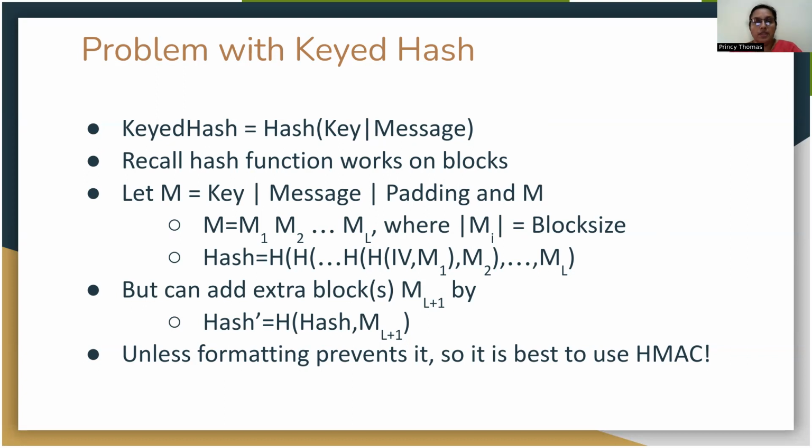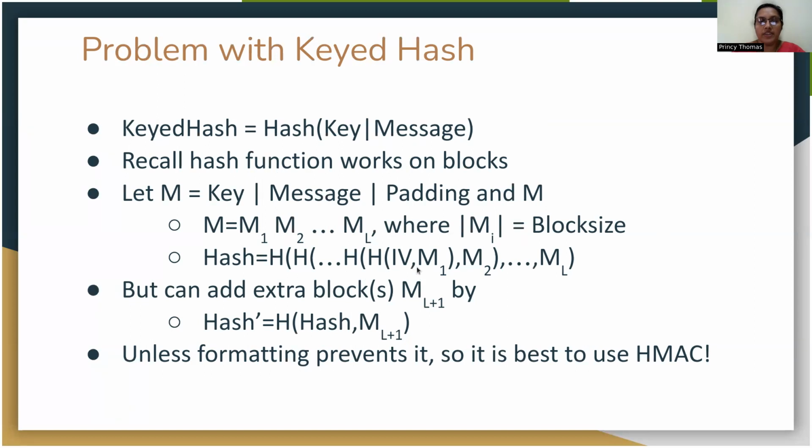If M is equal to M1, M2, up to ML, there are L blocks, where each M of i is equal to the block size. Then the actual hash is done like this.